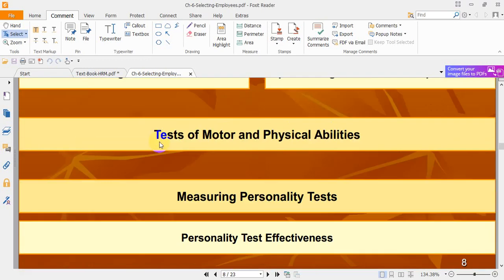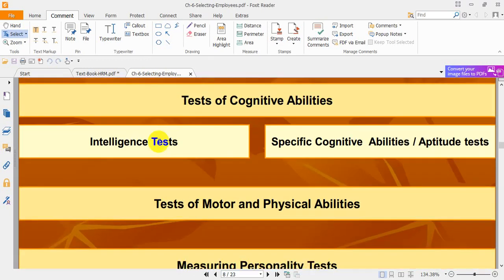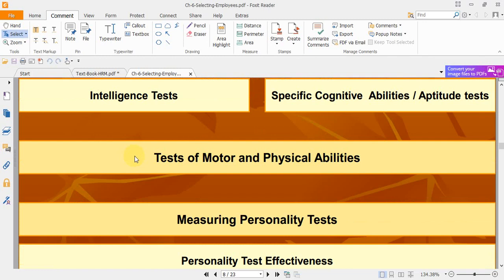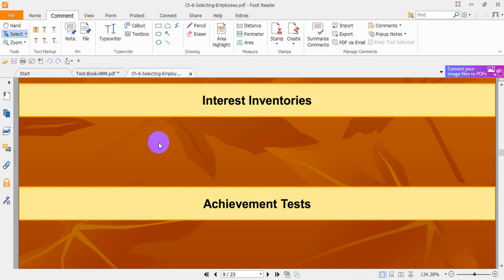These types include cognitive abilities and tests of physical abilities, measuring the personality abilities and personality effectiveness, testing the interest inventories and achievement tests.